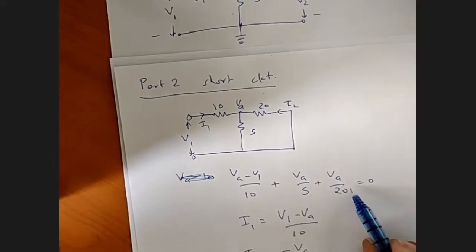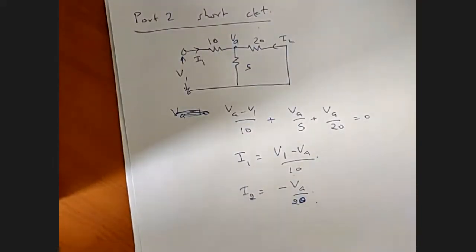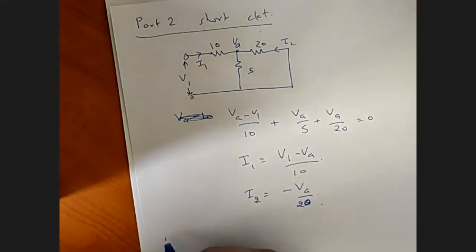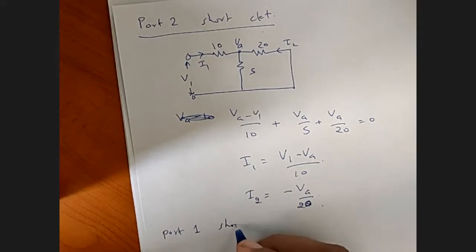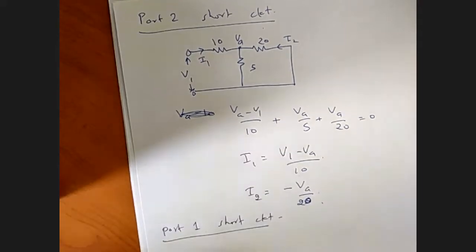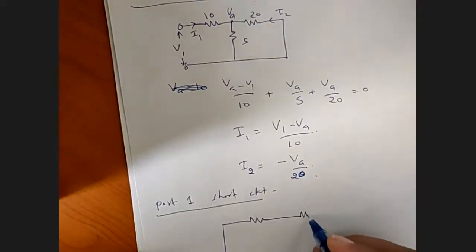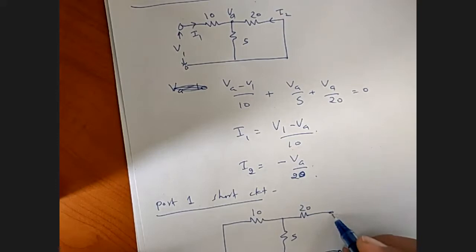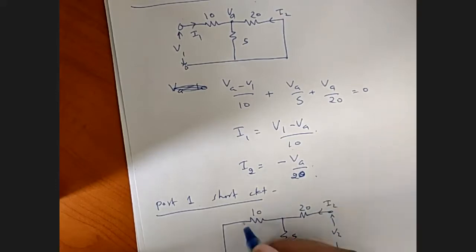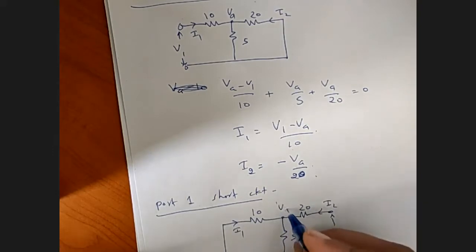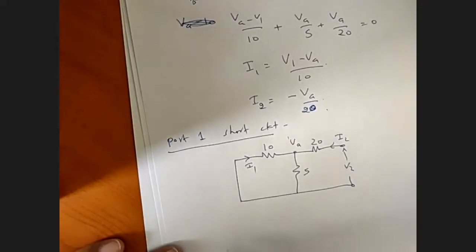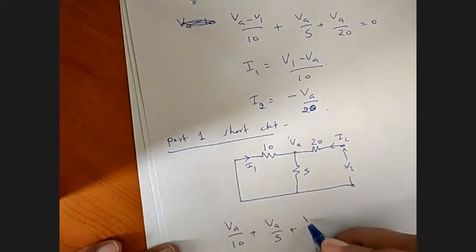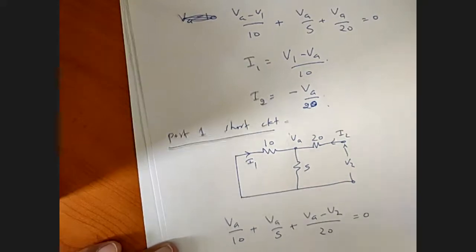So from this directly VA equal to V1 will come out. Put it here, you will get I1 and I2. And similarly, I make port 1 short circuit. So when I make port 1 short circuit, your circuit will reduce to so for this, I write VA and write the equation that will become VA by 10 plus VA by 5 plus VA minus V2 by 20 equal to 0.